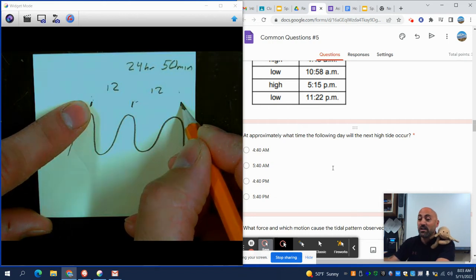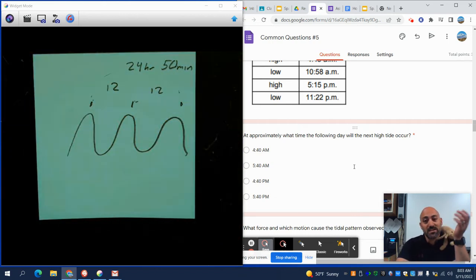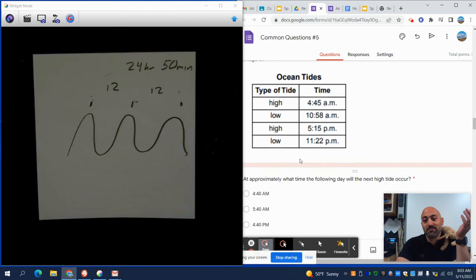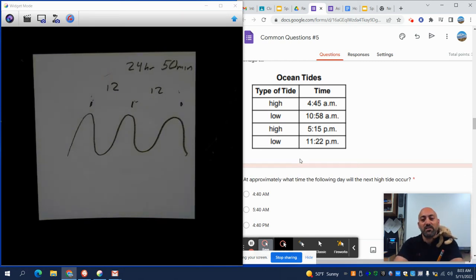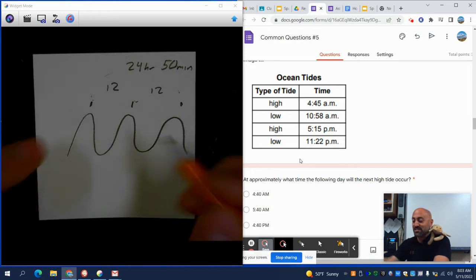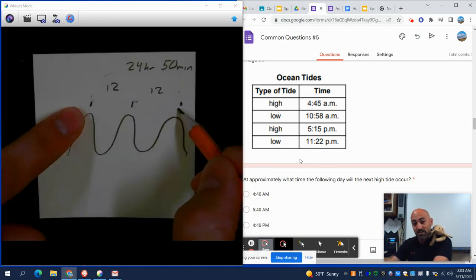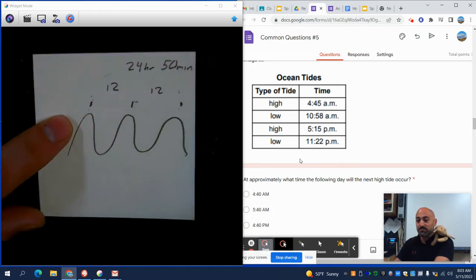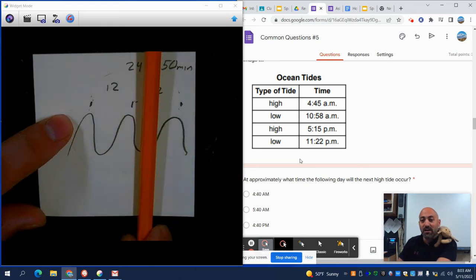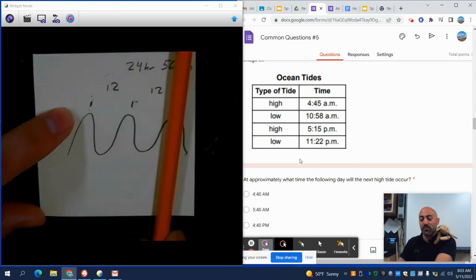Your diagram, I put this on here because I wasn't super happy with this diagram when they put it on the test. It's a little tricky because it seems like it's showing the whole day, but it's actually only showing like half of a day, which doesn't get you all the way to the following day.